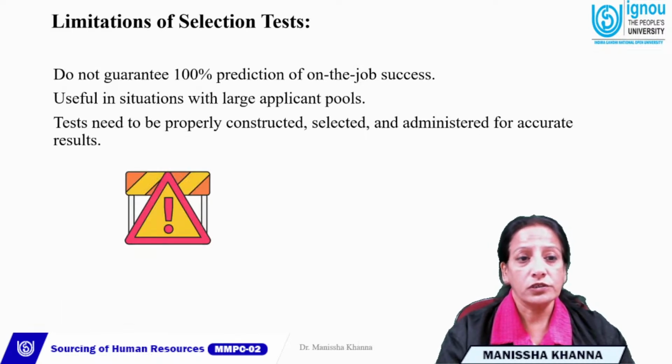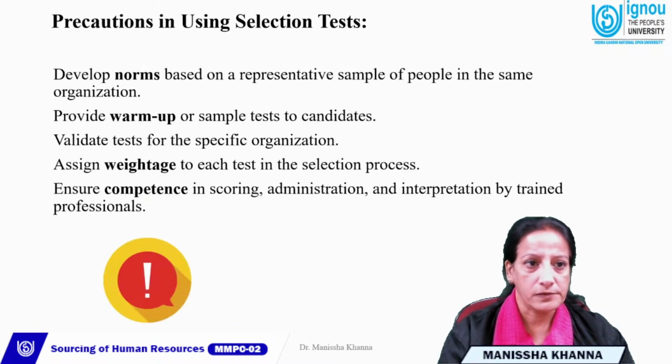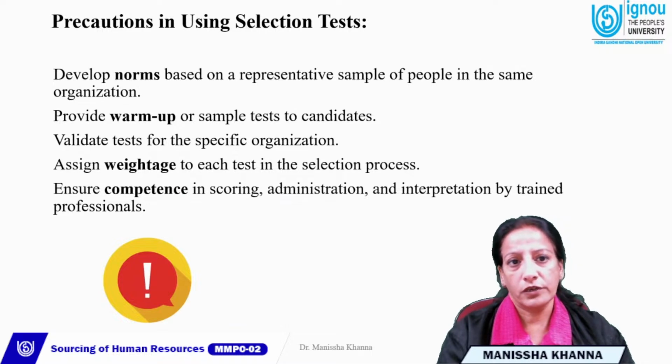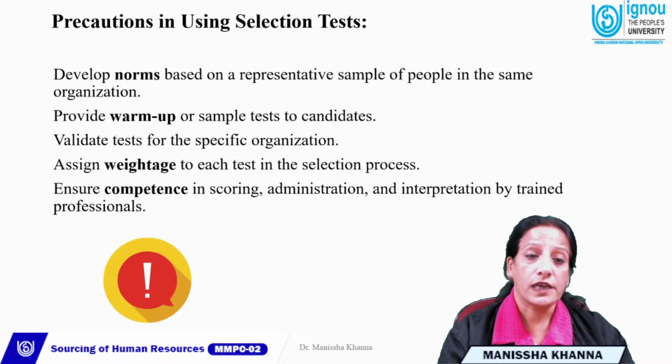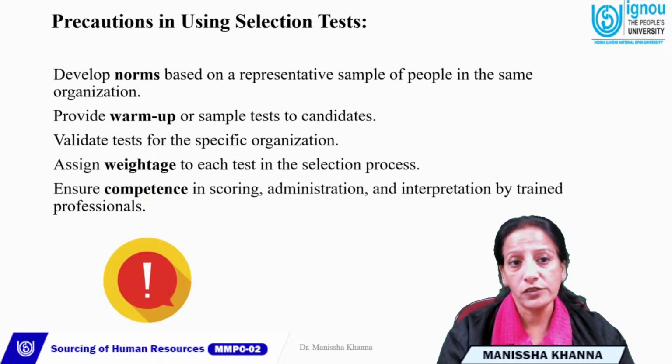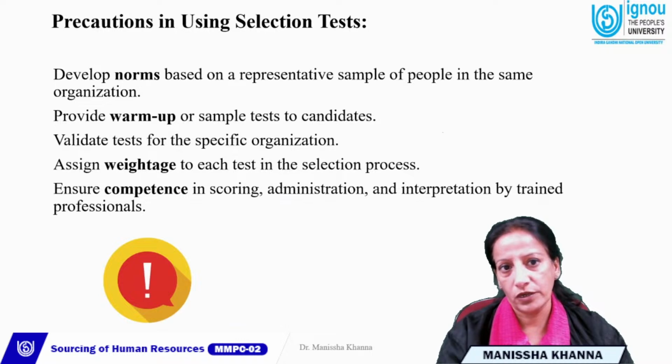But it does not guarantee 100% prediction of job success. It is mainly used on a large pool of candidates. So we have to develop some norms on these selection tests, assign proper weightage, and the scoring has to be very correct.